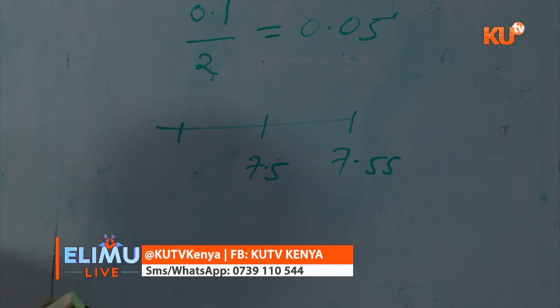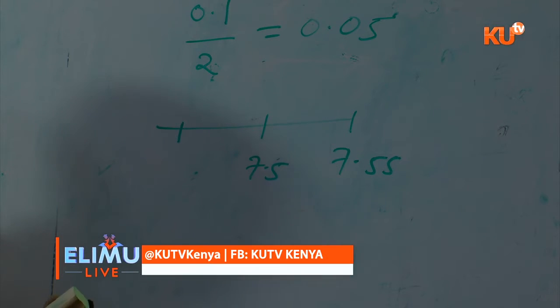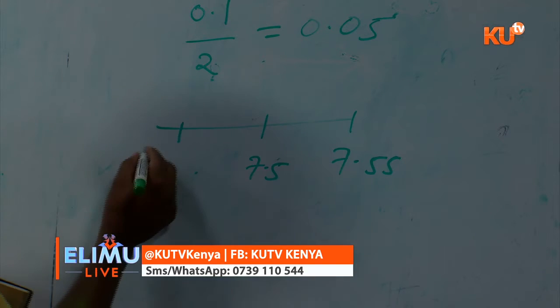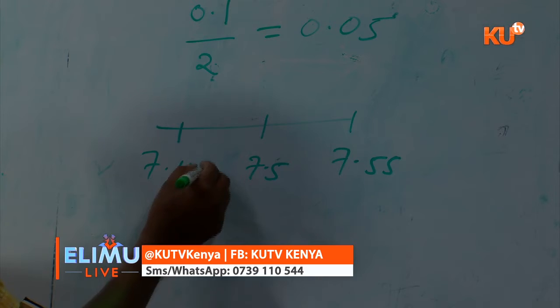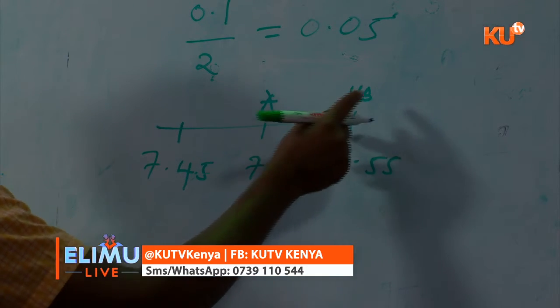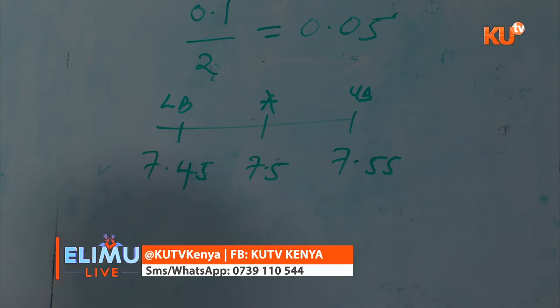Take your calculator to avoid committing an extra error when calculating the errors. So it will be 7.45. So this is the actual number, the upper bound, and the lower bound of that number.